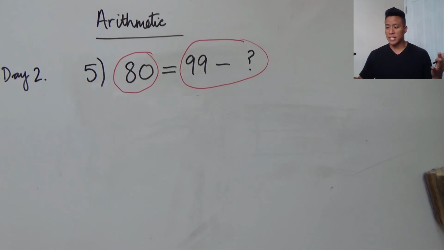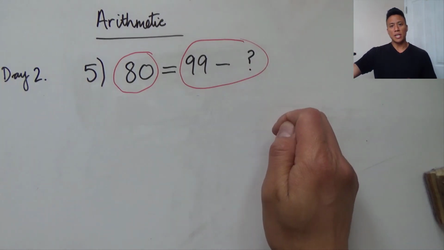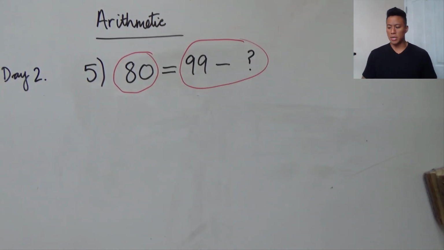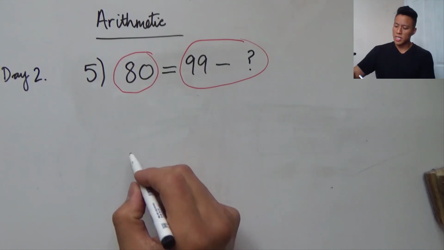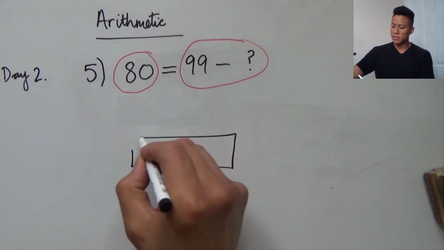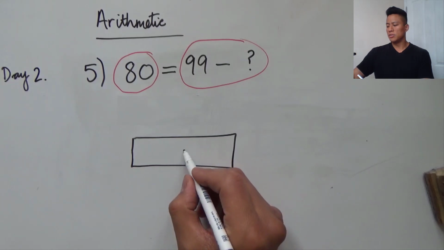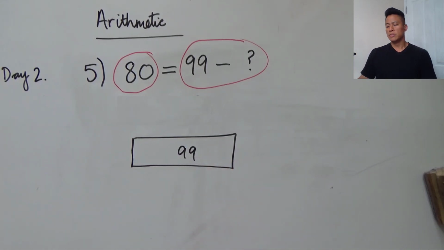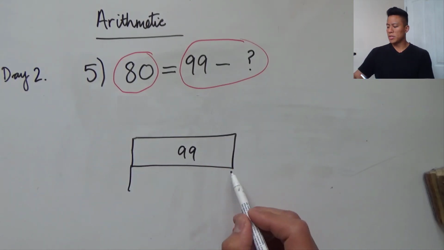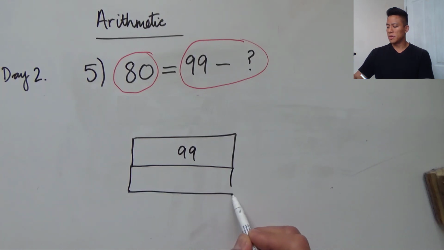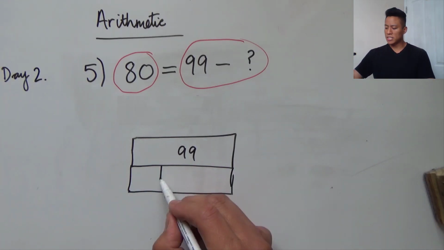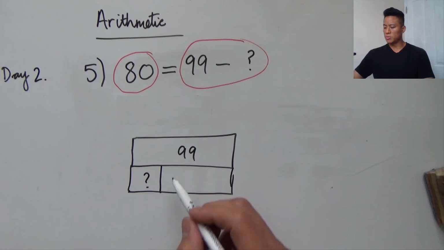Whenever there is a missing number in a number sentence, I love drawing bar models, as you probably know. So here we've got 99. I'm going to use that as 99. So our 2 parts are going to be equivalent to that. Subtract something here. This is what we're going to subtract.